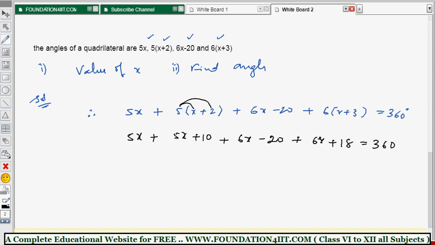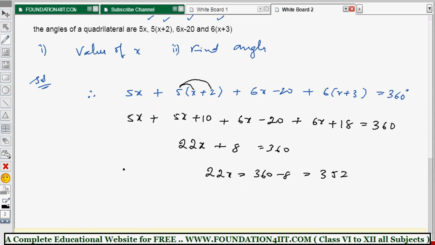You can add all the x terms: 5x plus 5x plus 6x plus 6x, that is 22x. And the numbers: plus 10 minus 20 is minus 10, plus 18, so plus 8, is equal to 360. Then 22x is equal to 360 minus 8, so 352.